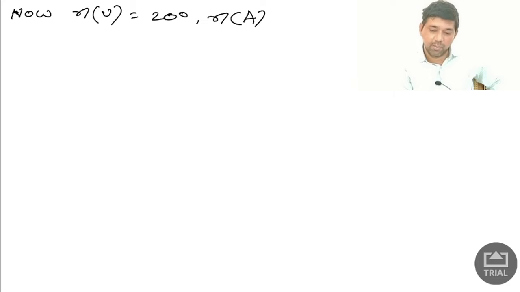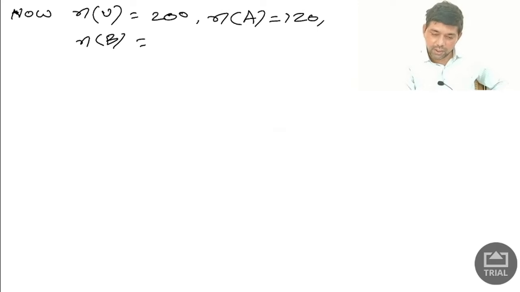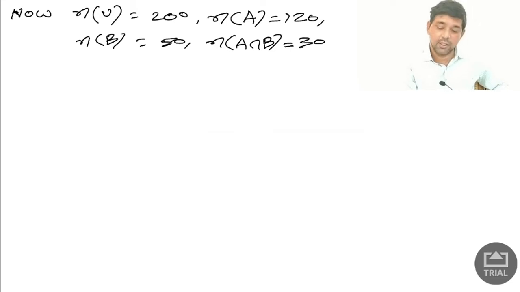You can see it is 120. So the number of individuals exposed to chemical 1 is 120. Who are exposed to chemical 2? It is 50. And the number of individuals exposed to both, means N of A intersection B, is 30 individuals exposed to both chemicals. This is the entire data given to us.